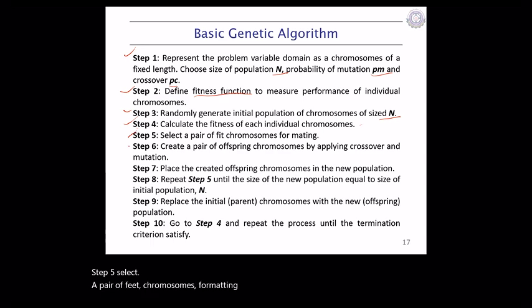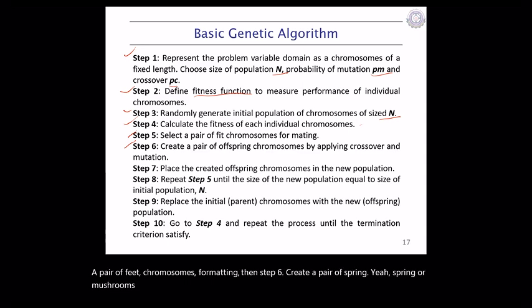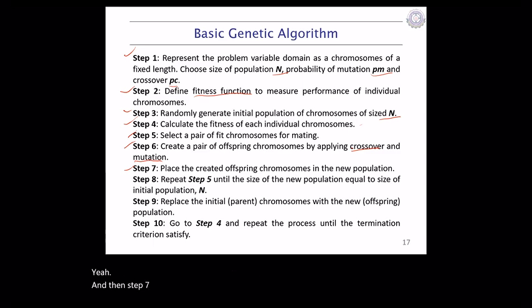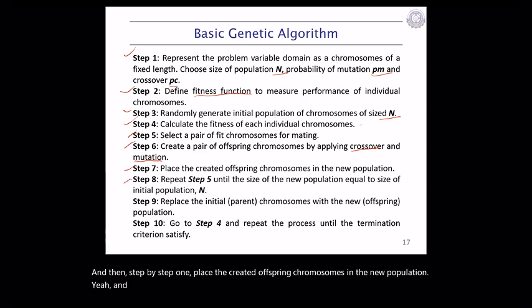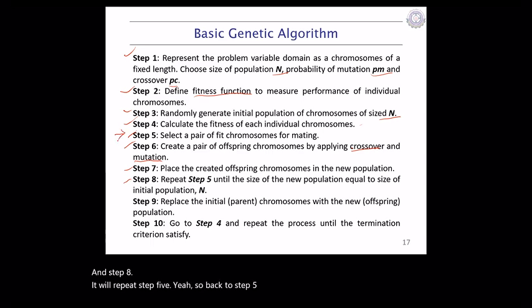And step 6, create a pair of offspring chromosomes by applying crossover and mutation. And then step 7, place the created offspring chromosomes in the new population. And step 8, repeat step 5, going back to step 5, until the size of the new population equals the size of the initial population n.